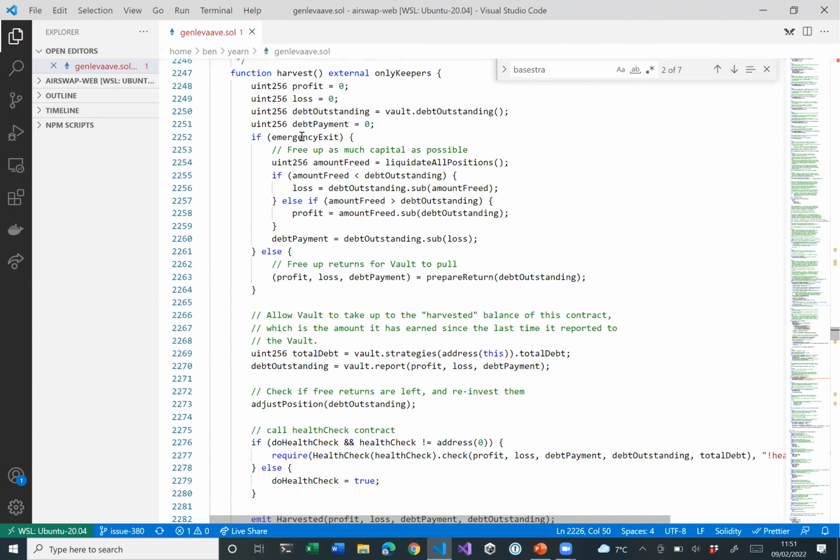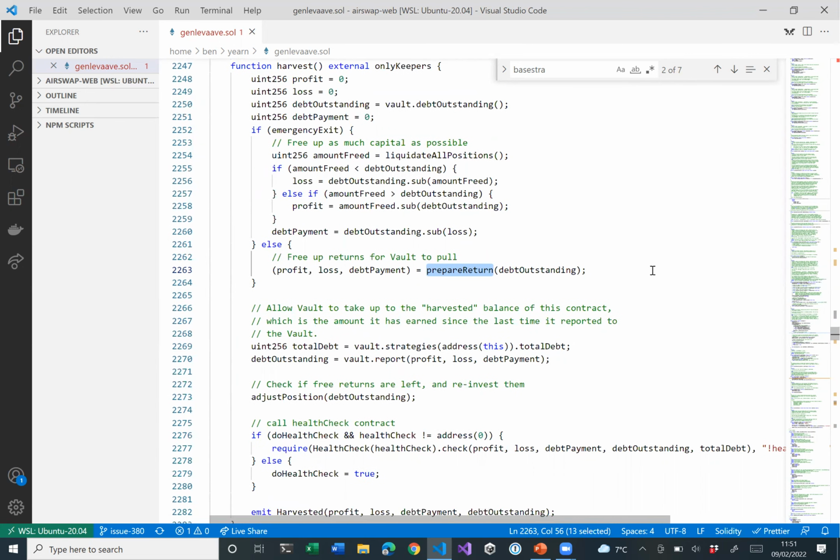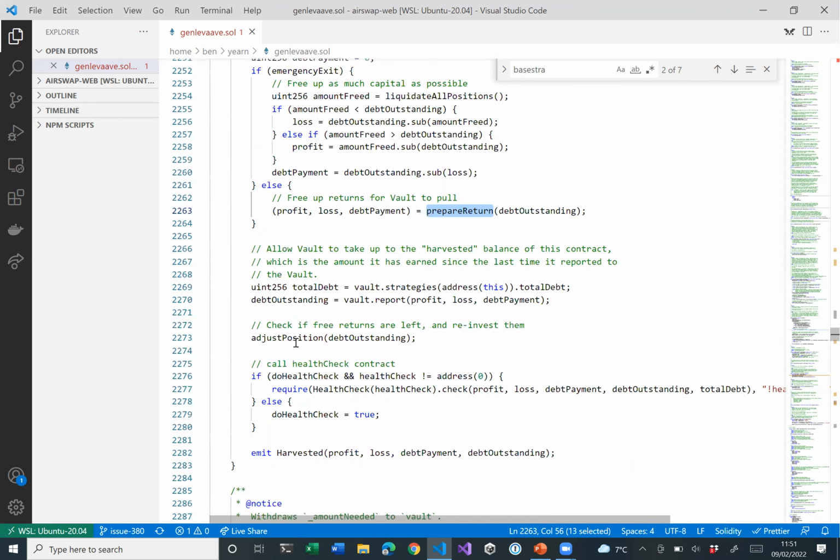Some kind of emergency check where you liquidate all positions, otherwise prepare the return, which will claim the rewards and reinvest them. And then it's sort of saying, do we need to lever up or lever down? So it calls adjust position, which will lever up or lever down.